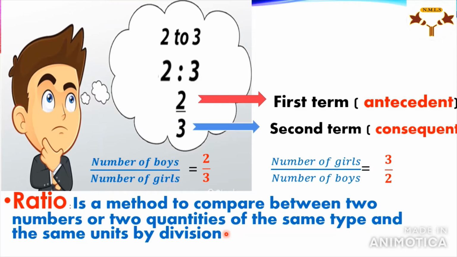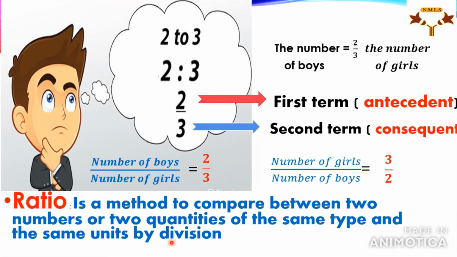So in a ratio, you must compare 2 quantities or 2 numbers from the same type and the same units. And here I can say that the number of boys equals 2 over 3 the number of girls. And that's how we use the ratio to compare between 2 numbers.